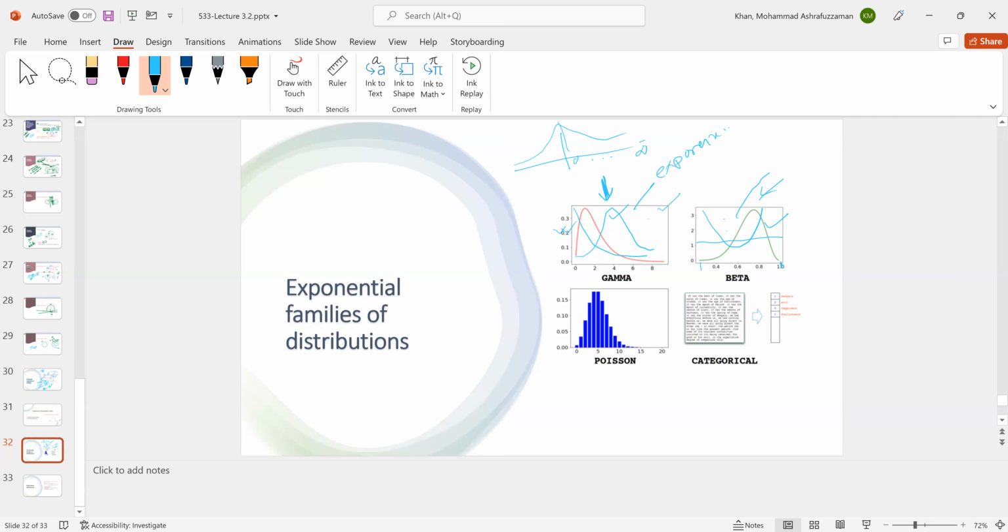All these come from discrete probability distributions. So in that case, maybe we should not use Gaussian, gamma, or beta. Better we should use some distribution like the Poisson distribution.